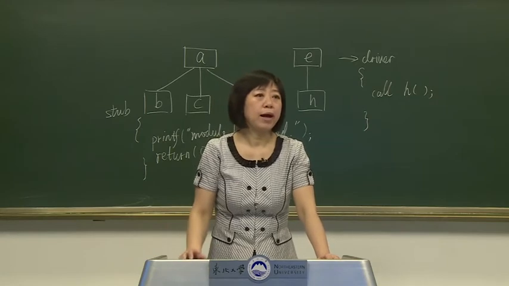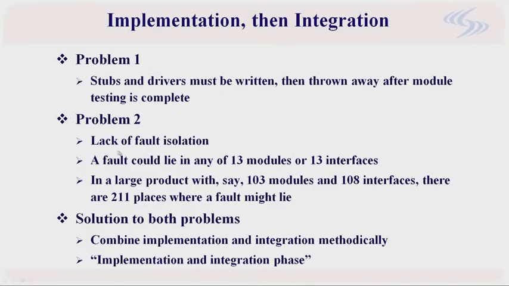And problem 2, it will cause a lack of fault isolation. That means you integrate all the modules together and test them as a whole, and the fault may lie in any of the 13 modules or 13 interfaces.